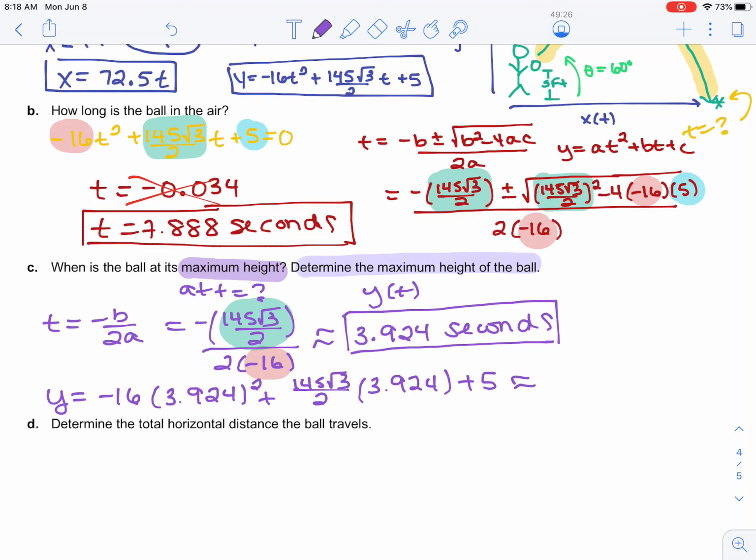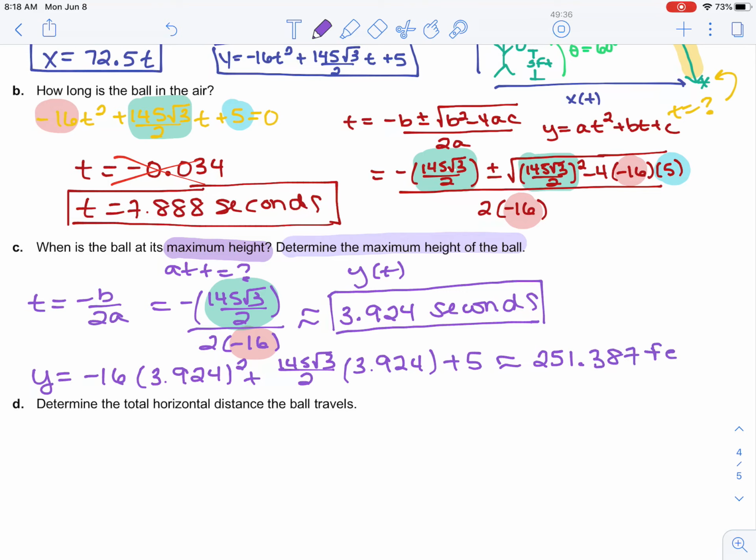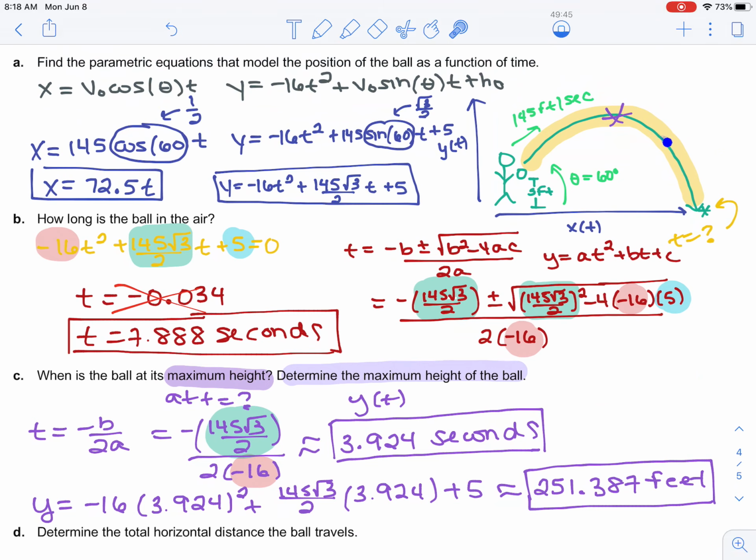And this tells us that the maximum height of the baseball that was thrown is 251.387 feet.